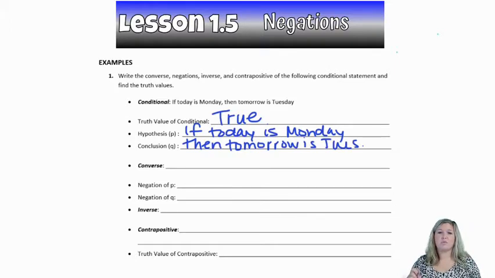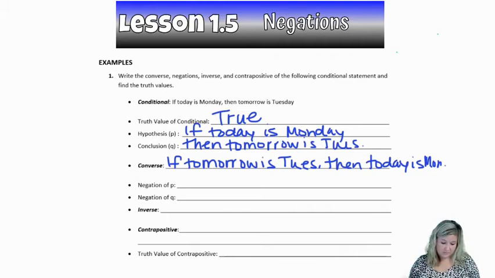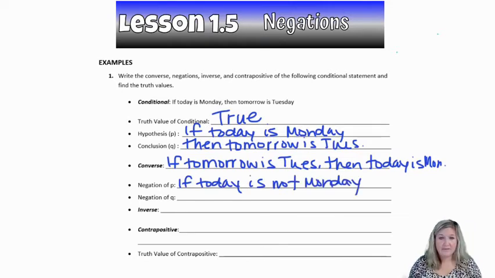Remember, with the converse you flip those two. So if tomorrow is Tuesday, then today is Monday. Now we're going to look at the negation of P, which is the hypothesis: if today is not Monday. And the negation of Q would be: then tomorrow is not Tuesday.